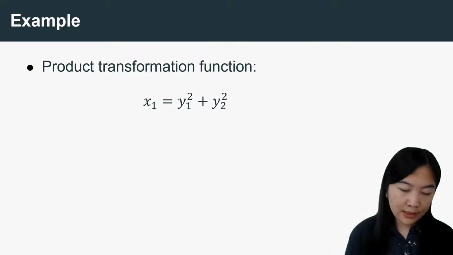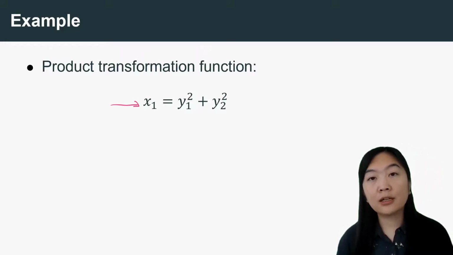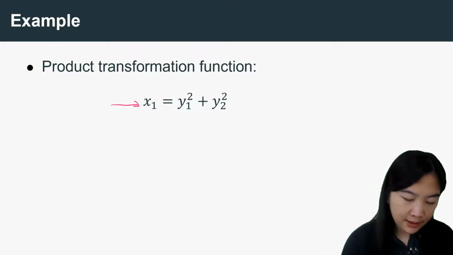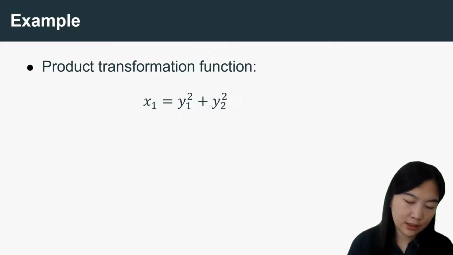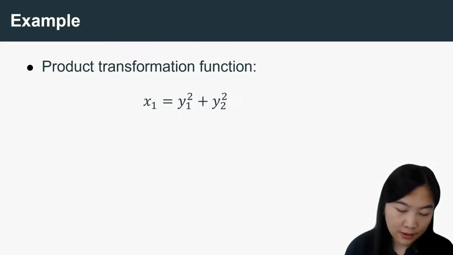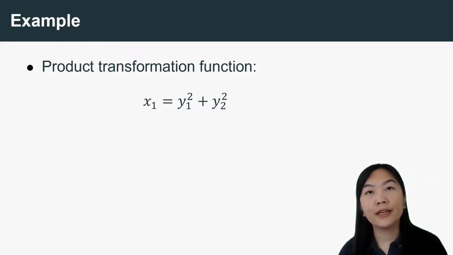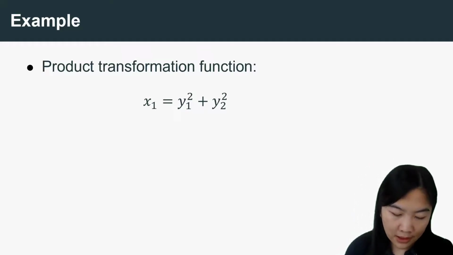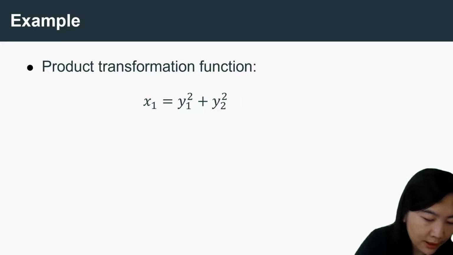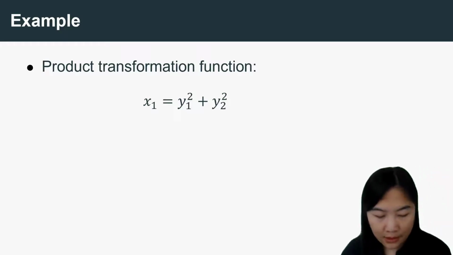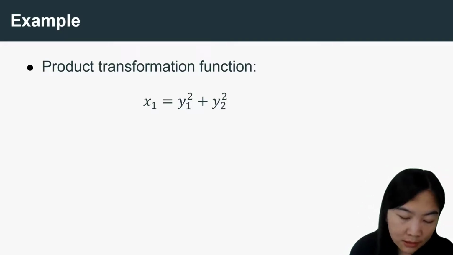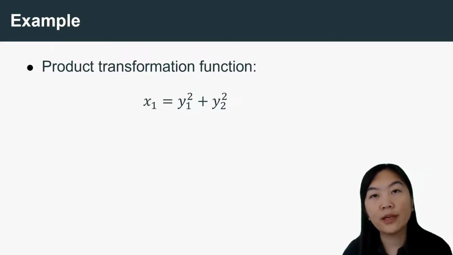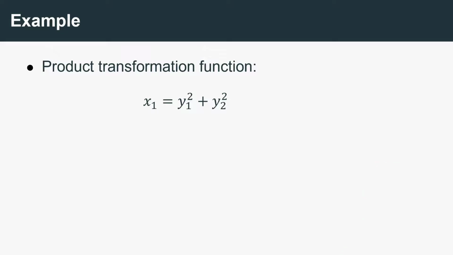And here I have given you a product transformation function. Let's use this function so that we can derive the optimal output combination to maximize revenue. So the first step, when you're given a product transformation and you're asked to maximize revenue, is to figure out the optimality condition.